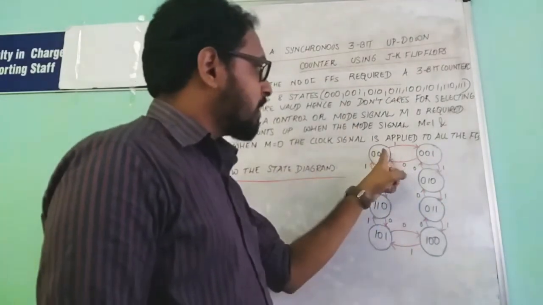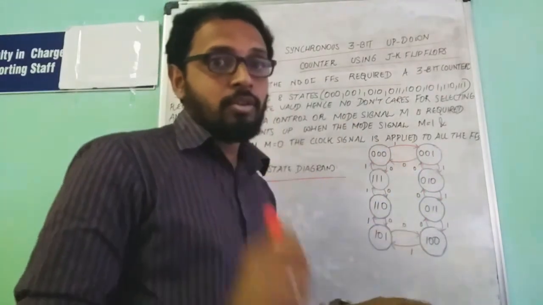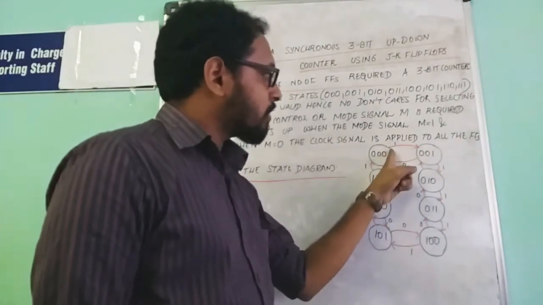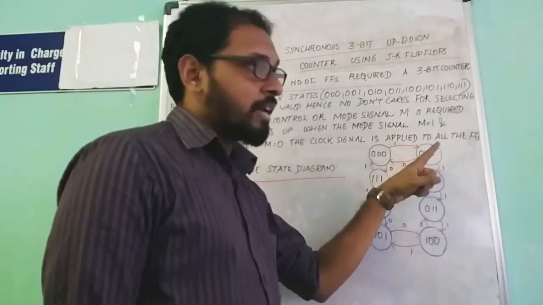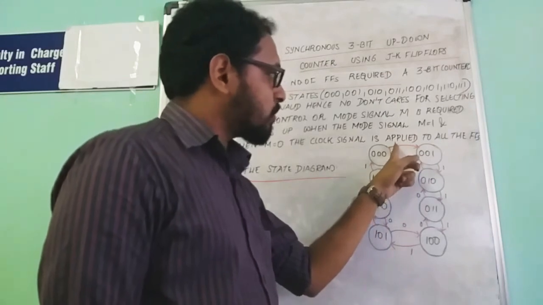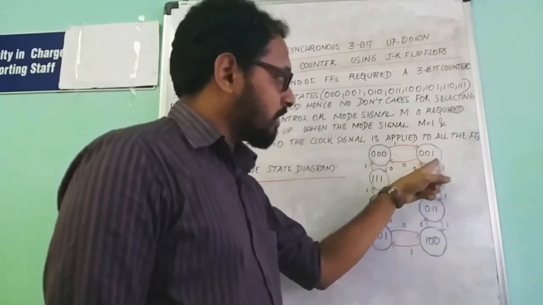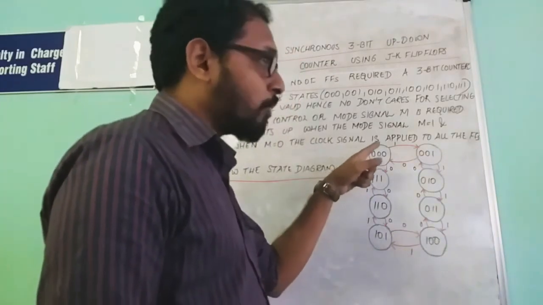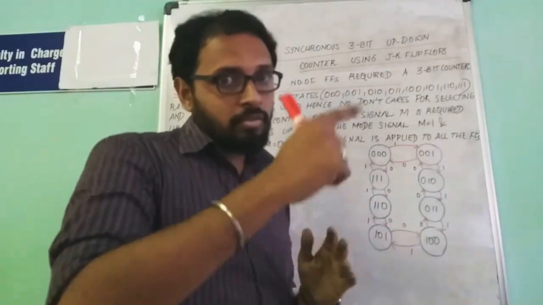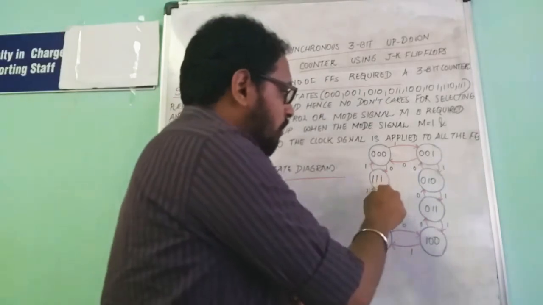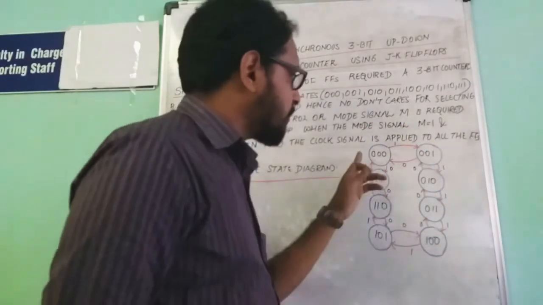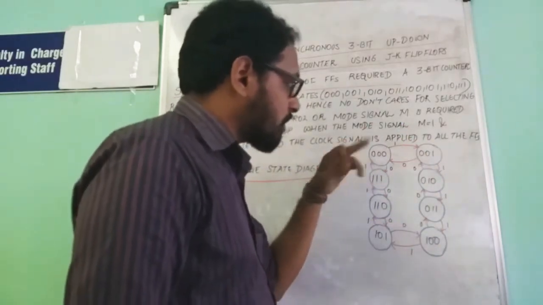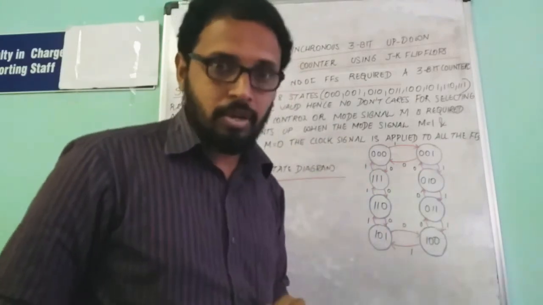It counts up when mode is equal to 1, right? So when showing the transitions, when it's 1, it goes to the next state, next state, next state. After 111, the next state will be 000. Got it?